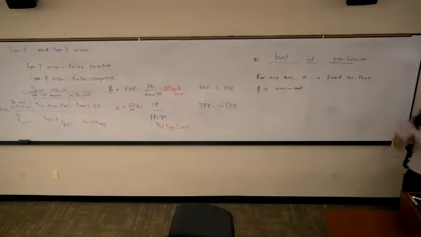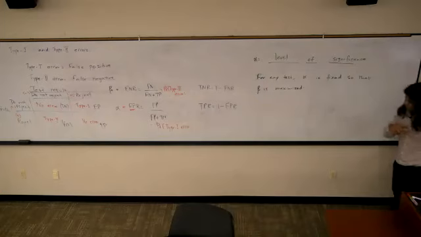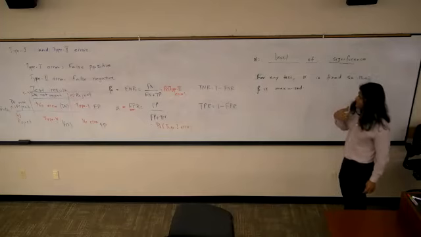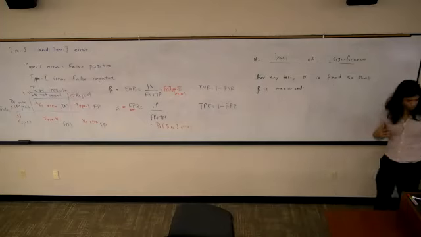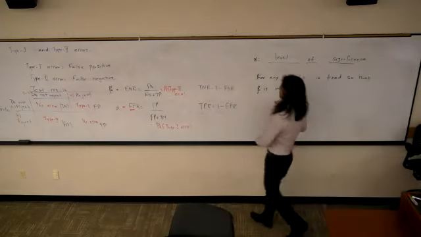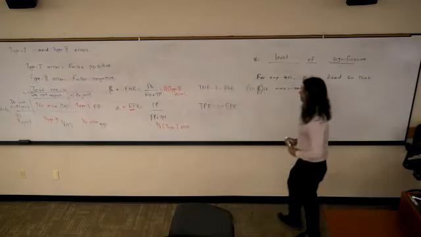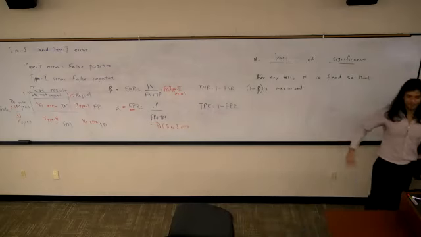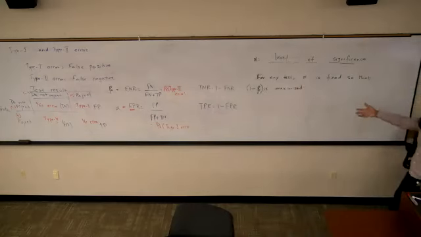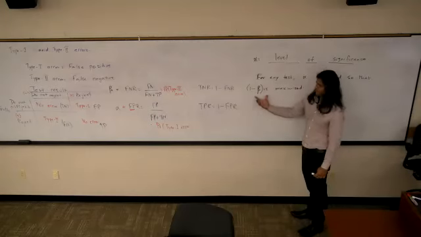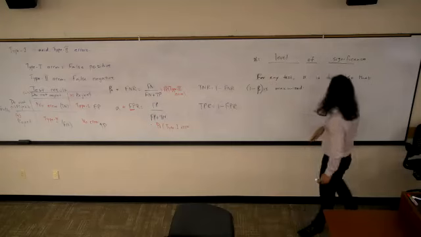Alpha is fixed so that 1 minus beta is maximized. What do I mean by maximized? Beta is an error, so we want 1 minus beta to be 1.